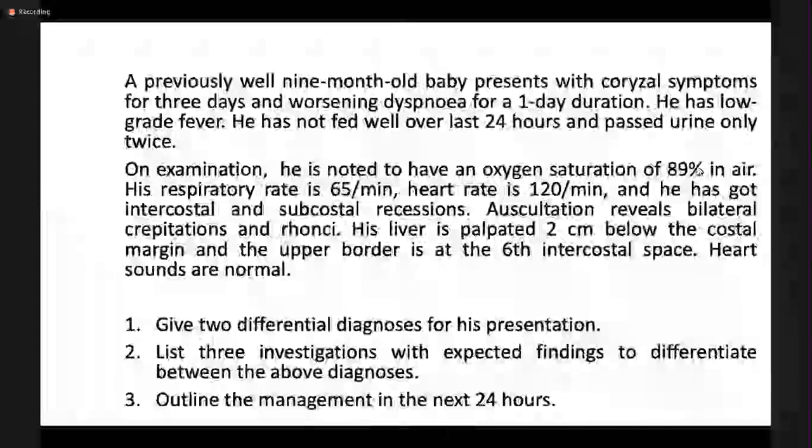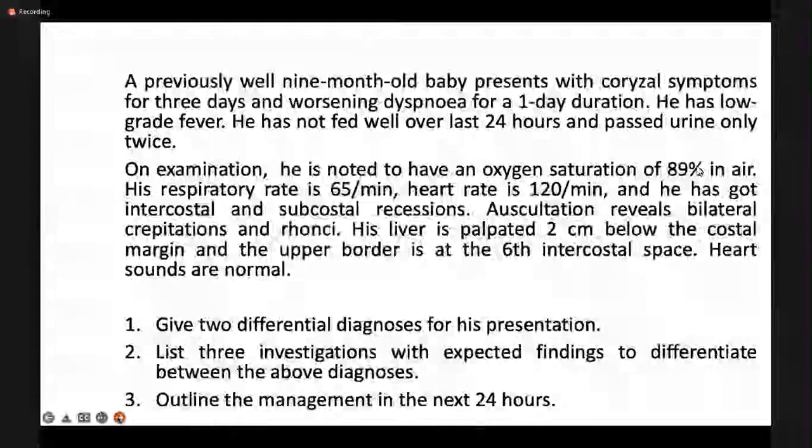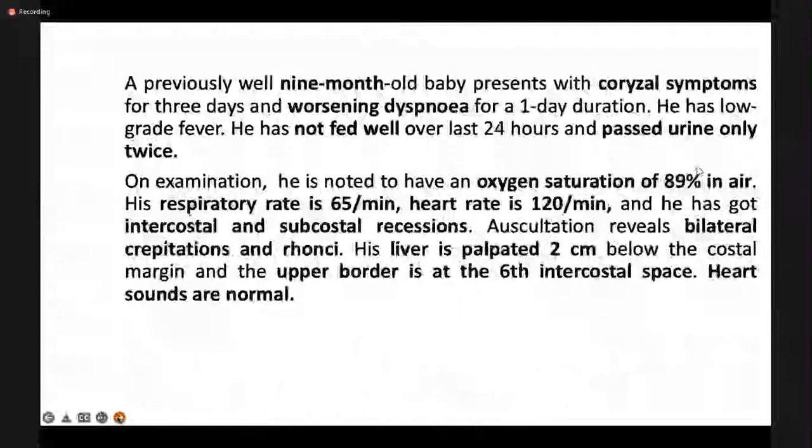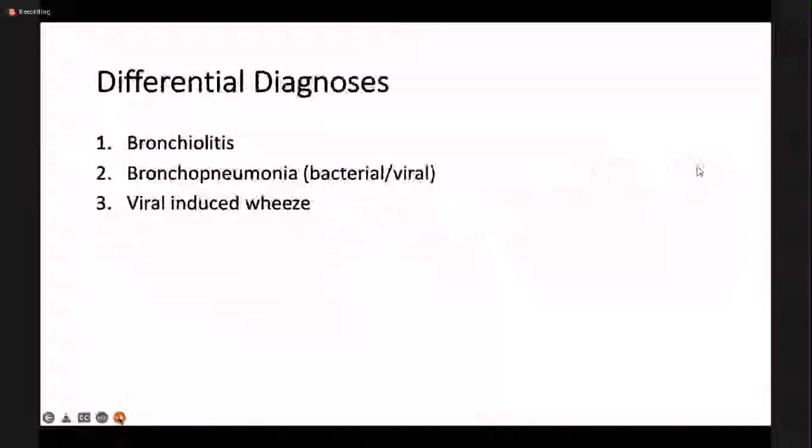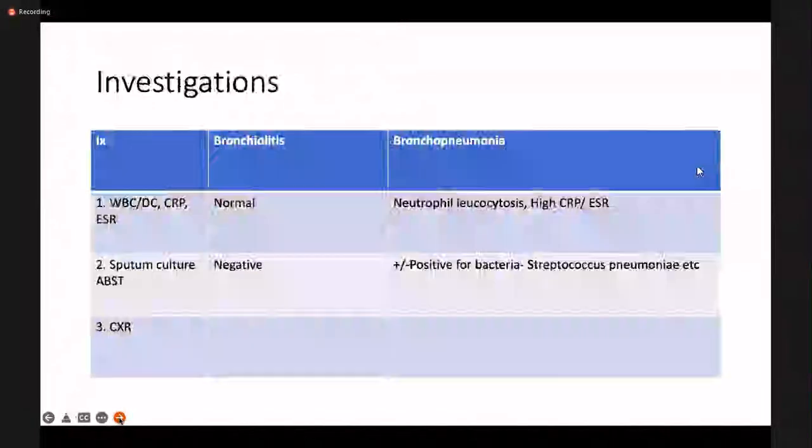The predominant component is the crepitations and rhonchi, the history is very short, and I have not given you any clue to think of this as viral induced wheeze. But yes, as you said, you can give a trial and see. But if it is pure bronchiolitis, which is a clinical diagnosis, there's no place for nebulization.